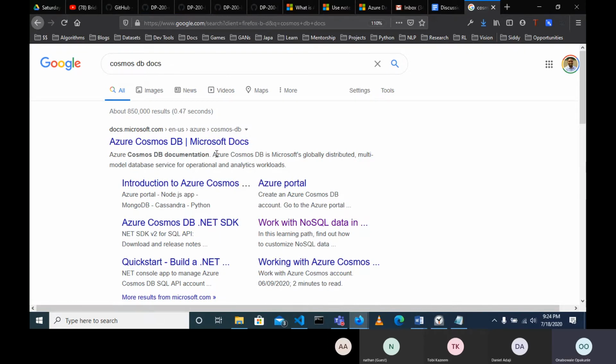Basically it is a platform for managing, storing, and distributing unstructured data. So I think it uses four APIs.